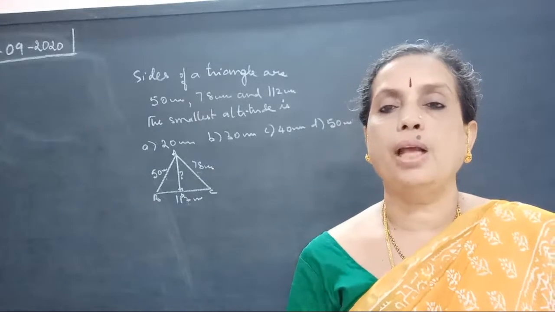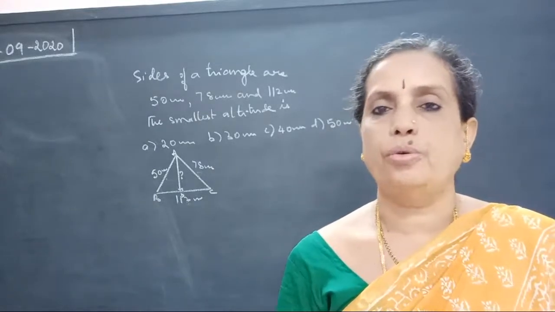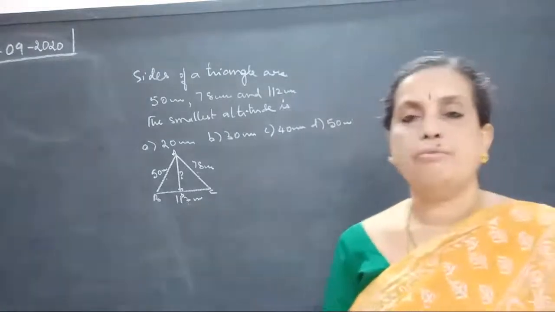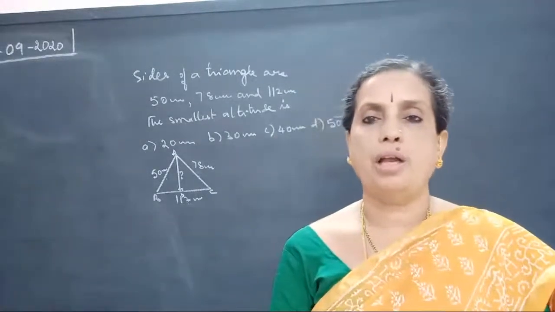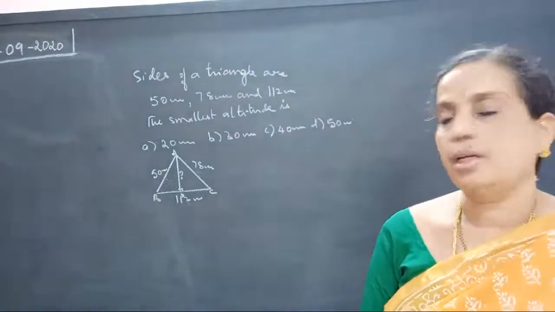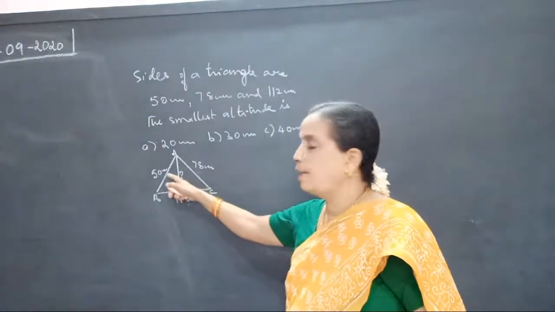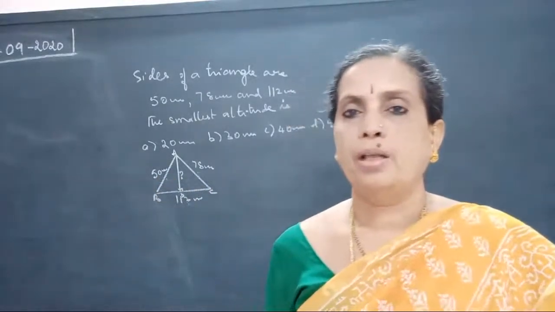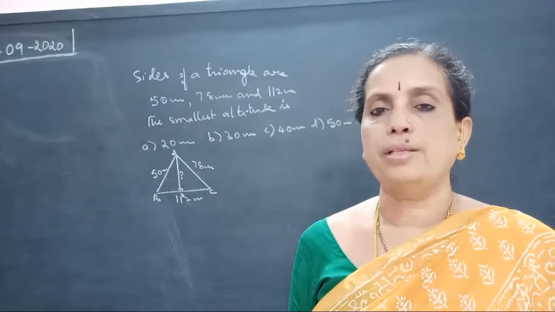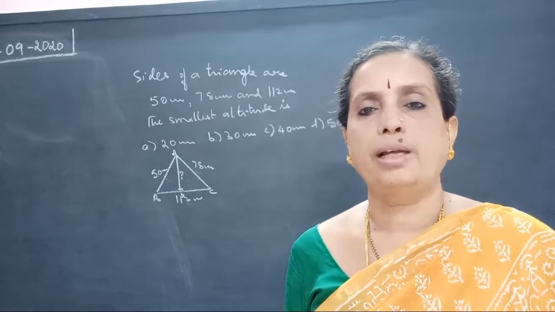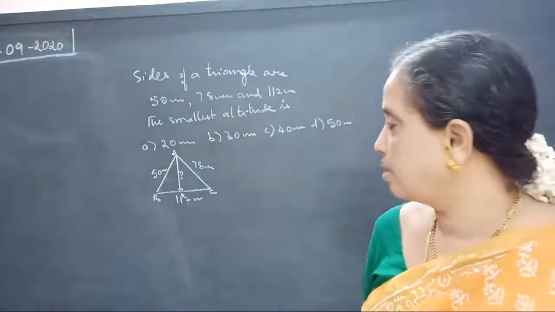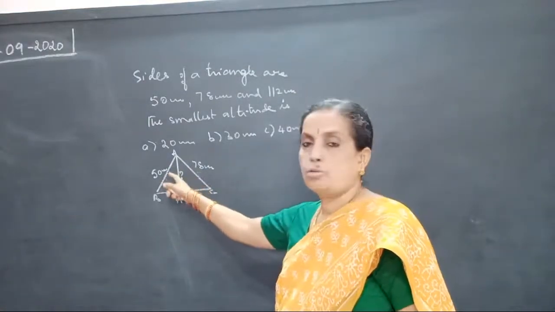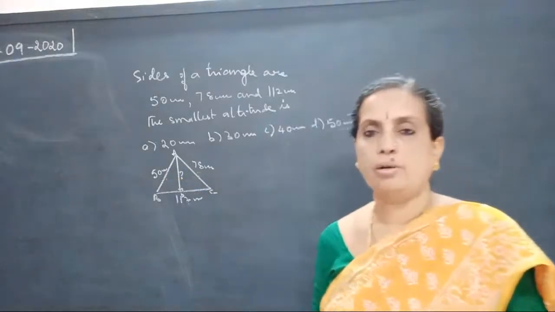Altitude equals 2 into area by base. For example, if it is to find the longest altitude, then we consider from C to side AB, that is the altitude drawn to the smallest side. Smallest altitude is the altitude drawn to the longest side. The largest altitude is the altitude drawn from the vertex to the smallest side. I'll give one more question based on that.